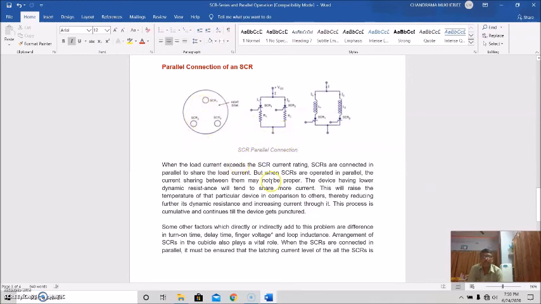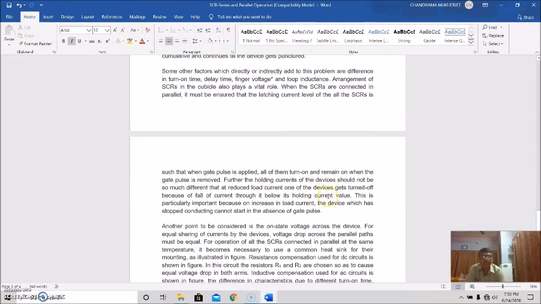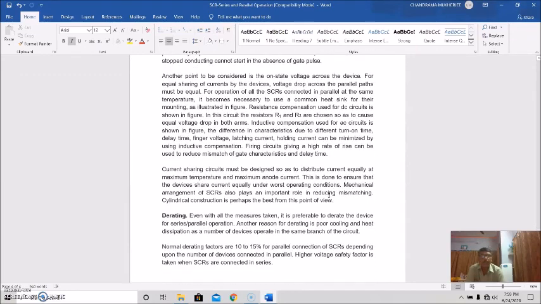For DC circuits, resistive compensation is used, and for AC circuits, inductive compensation is used to reduce this mismatch, and for a better result, high firing rate circuits are used to reduce this mismatch.